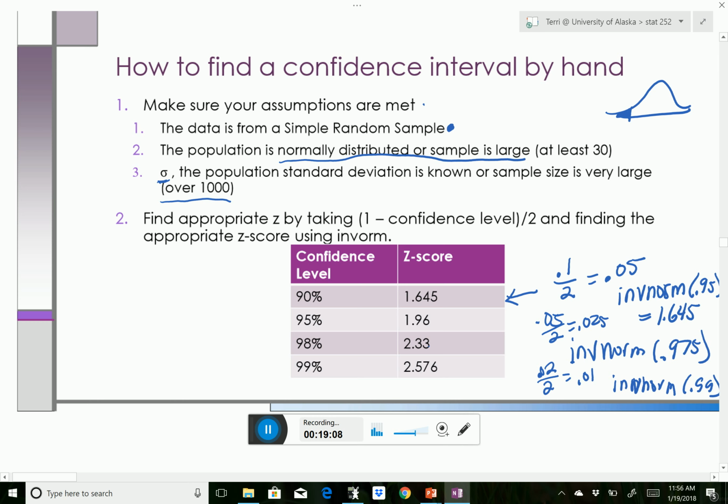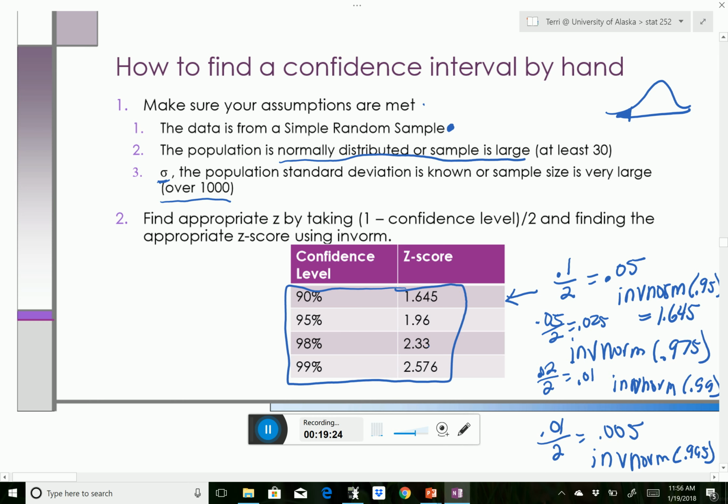And for this one, 0.01 over 2, which is 0.005, I had to use INV norm of 0.995. So a nice way to do this is just have these and remember what these are: your confidence level and your z-score.